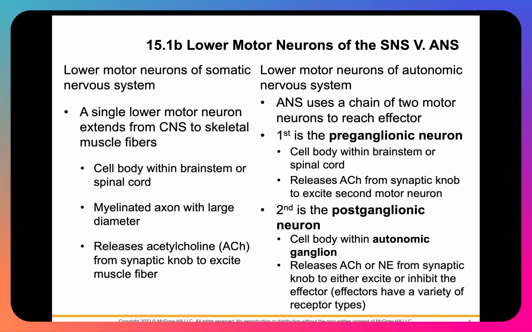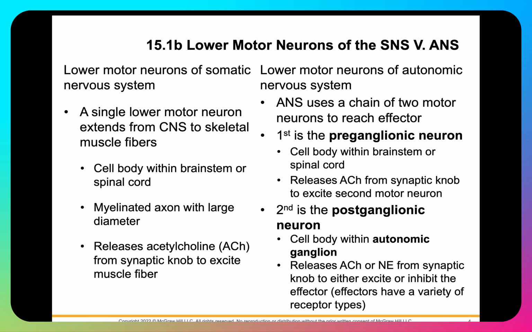When we look at the lower motor neuron of the autonomic nervous system, it's a chain of two motor neurons that are going to reach the effector. The first is the preganglionic neuron, and the cell body here is within the brainstem or spinal cord. It is going to release acetylcholine, and that will be responsible for activating the postganglionic neuron.